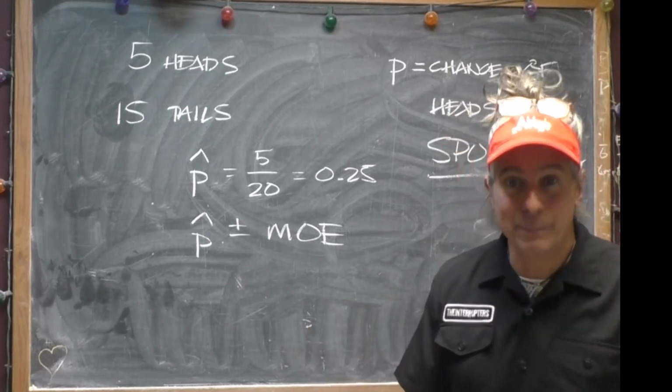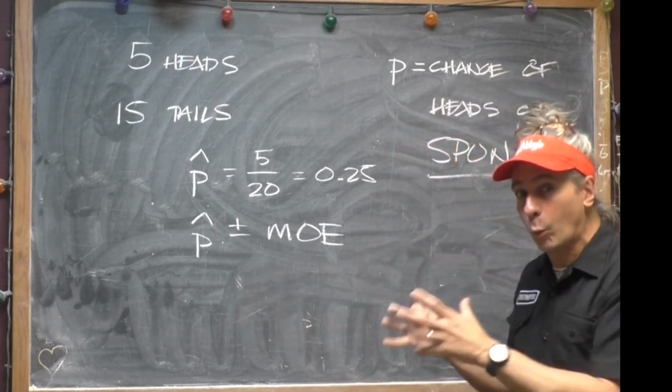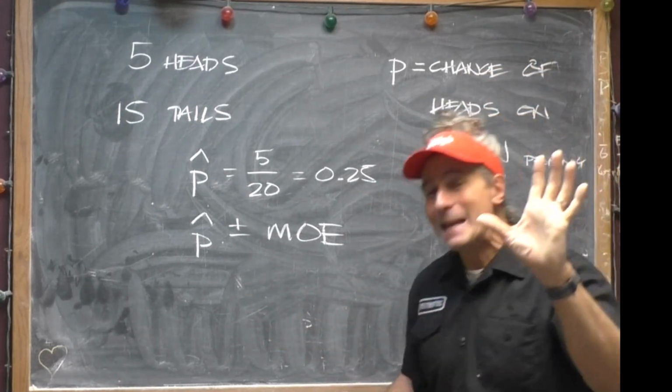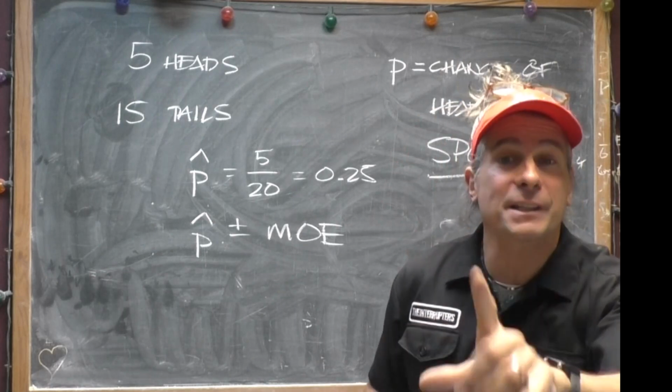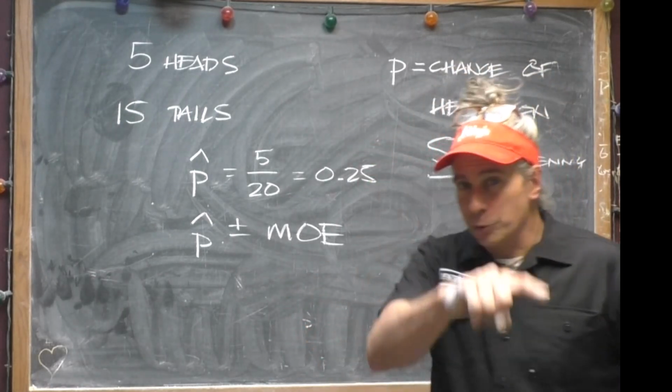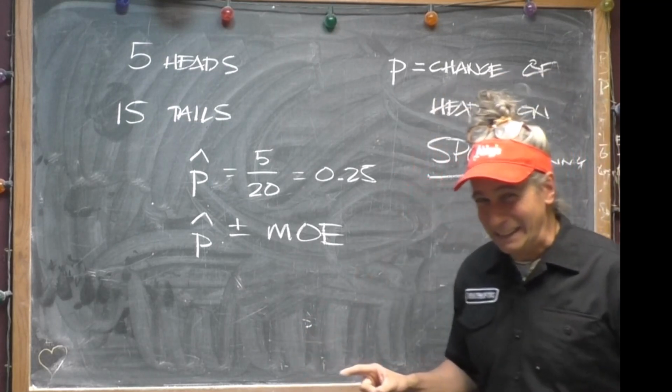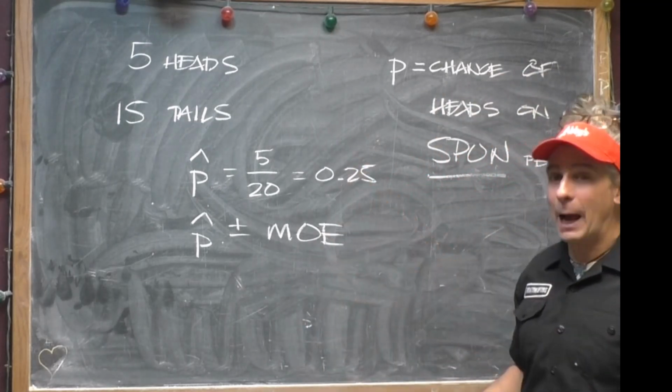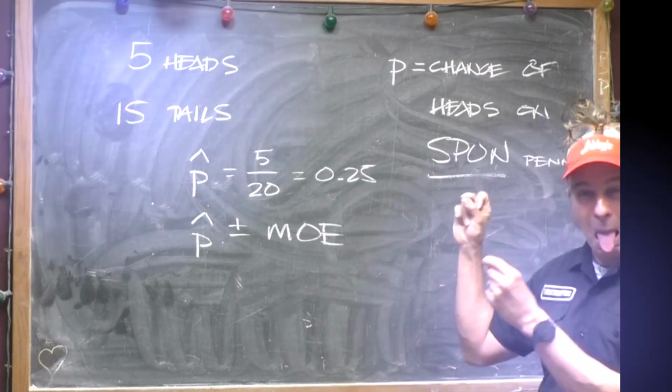But don't worry about it, because I'm going to justify why it works in the very last video, an optional video if you're interested in the mathematics. If you're not interested in the mathematics, you don't have to watch it at all. So what I'm going to do real quick is clear the board, and then we're going to rewrite this up top and give you the formula for that margin of error.